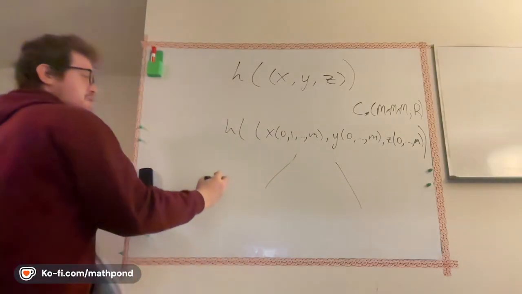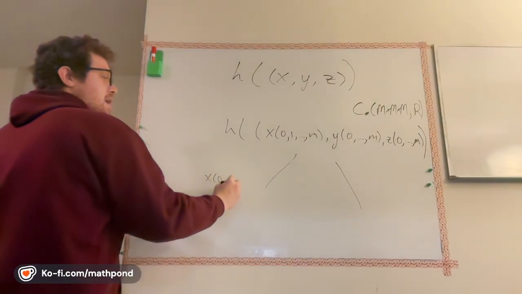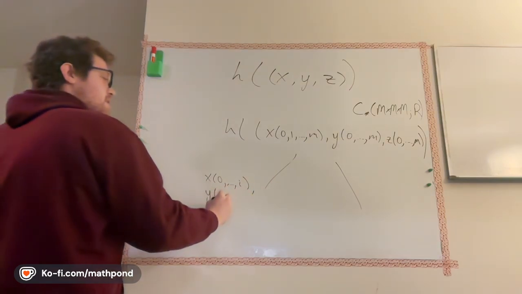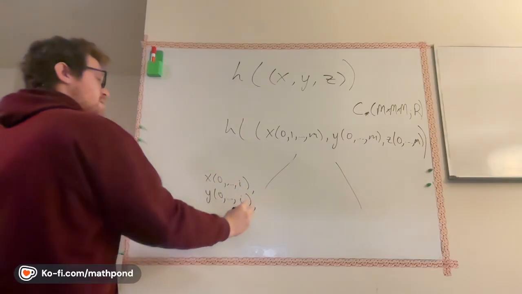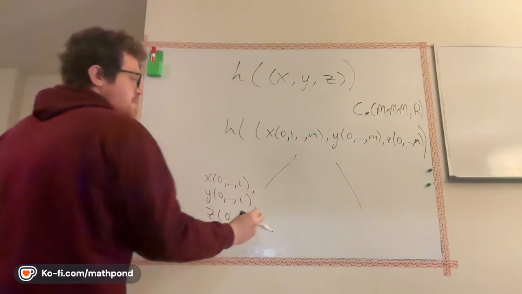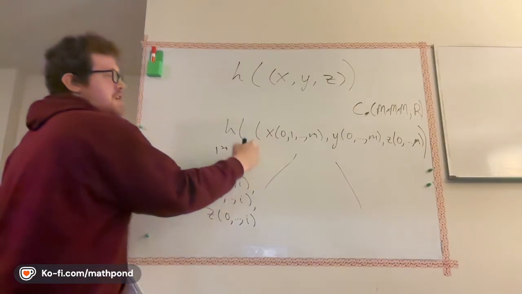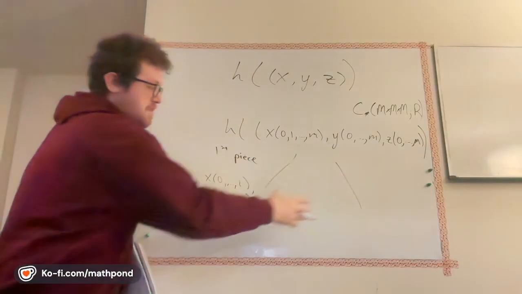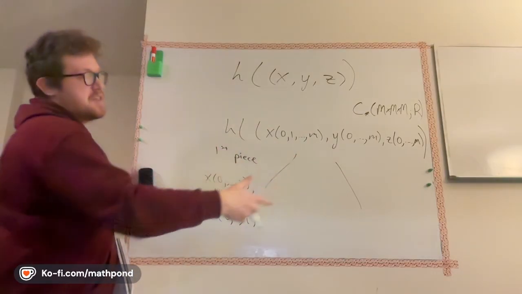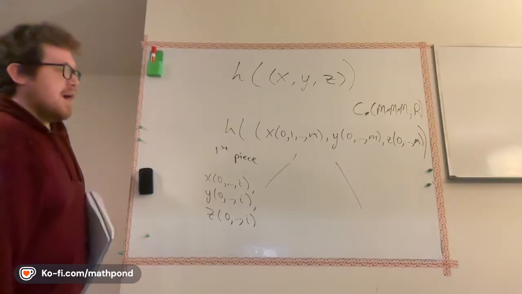It's going to break into x of 0 through I, comma y 0 through I, comma z 0 through I. This is the quote unquote first piece, because the Schur homotopy involves splitting it into 2 pieces. The first one, you're not going to do anything to it. And of course, this is a sum over I, so I varies from 0 to m.